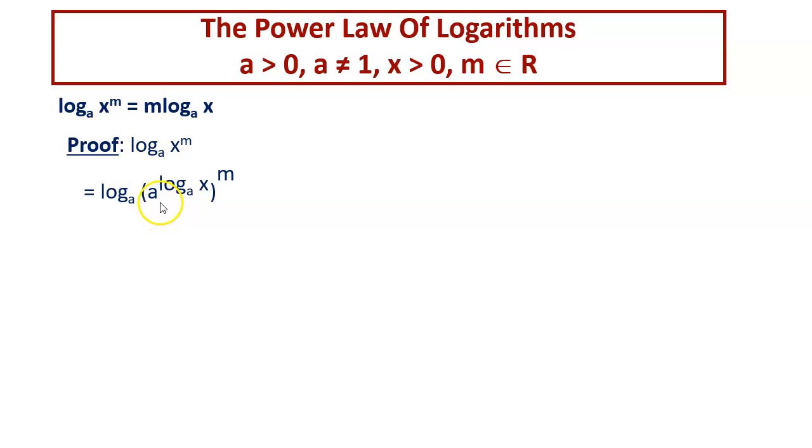So over here it is a raised to the power of log of x to the base a, and this whole is raised to the power of n. So we can write this as log to the base a. This part will remain the same and the power gets changed. It is a raised to the power of n times log of x to the base a.